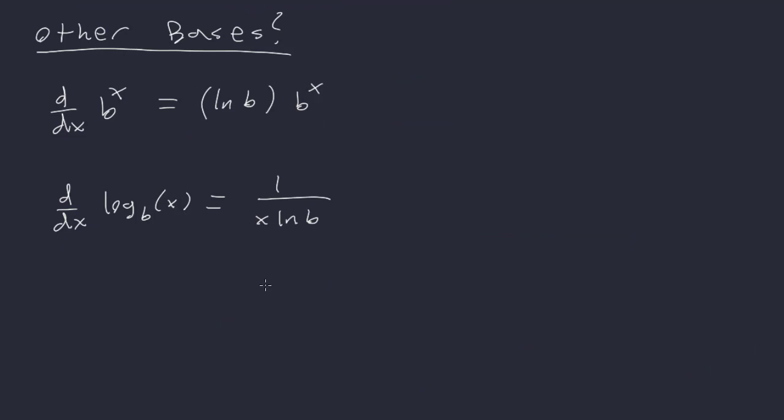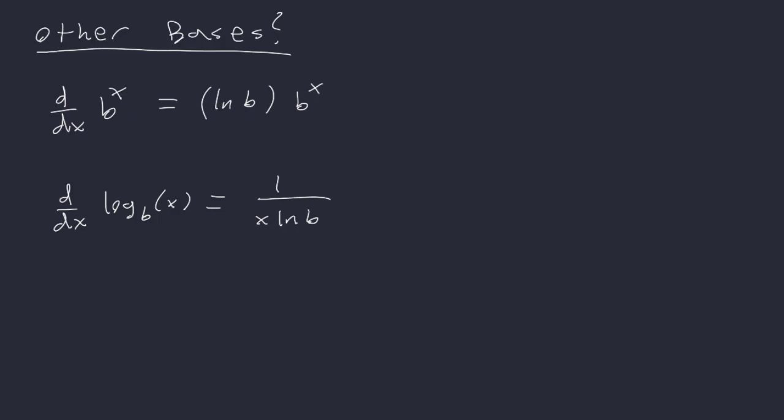All right, what about other bases, right? Base is not equal to e. Well, the derivative of b to the x is still itself times the natural log of b. And if we put in an r, we'd have an rx there as well. Okay. So I'll do that in the next step here.